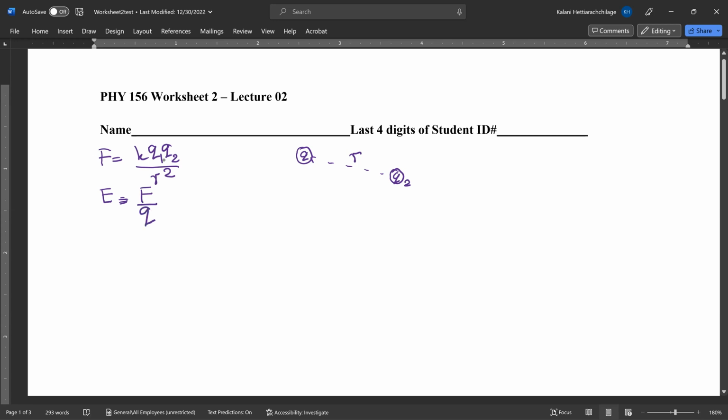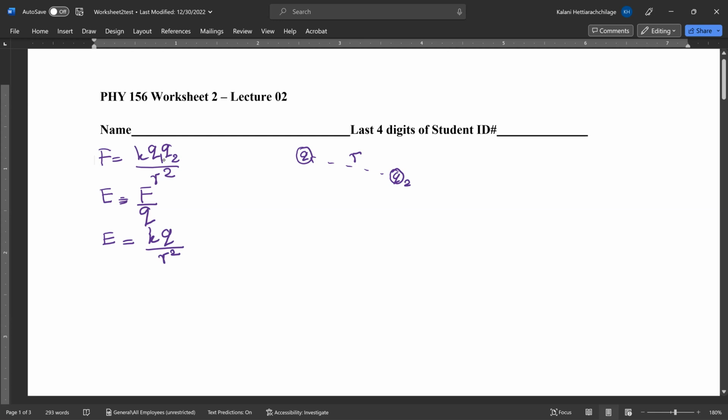That means newtons over coulomb. But the idea is, you can write the force using the top formula. Then you can rewrite this electric field as K times one of the charges divided by R squared, right?